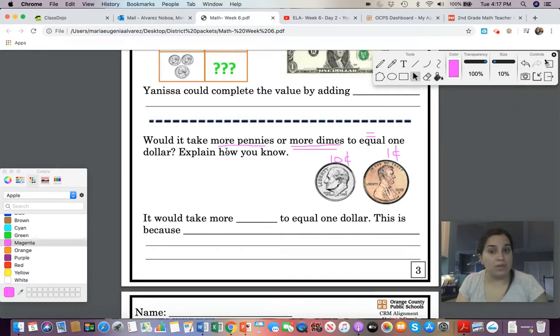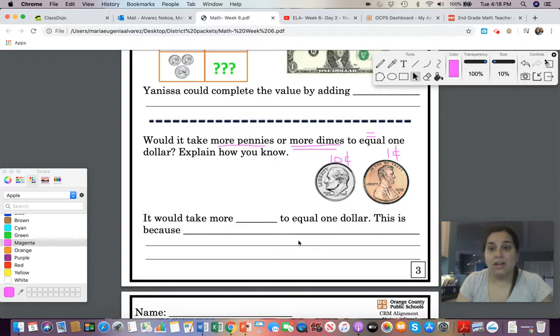Do you use more pennies to make 100 cents, or do you use more dimes than pennies to get to 100 cents or $1? So you have to decide whether it would take more pennies or more dimes to equal $1. Then you have to prove why or how you know by writing your response, or you could show me in a number sentence, okay? But you have to prove it.